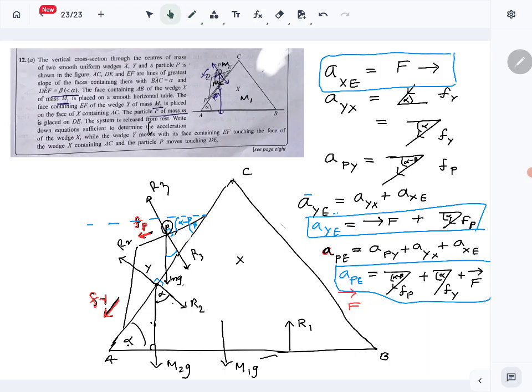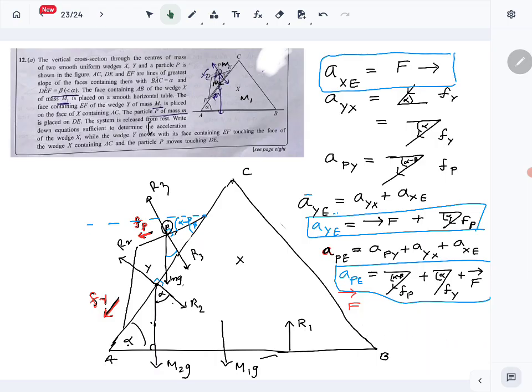So what we'll do is we'll first apply F equals ma to the system. Then we don't need to consider R3, R2. Those are all going to cancel out reactions. We are going to apply it in the direction where the wedge is moving. Wedge x is moving to the right.